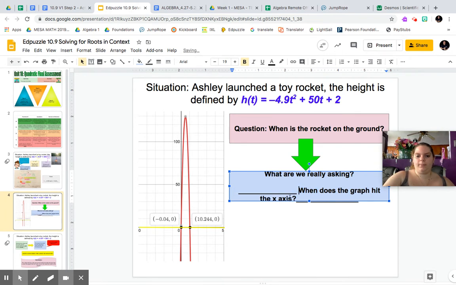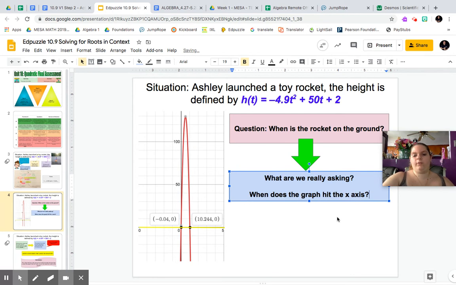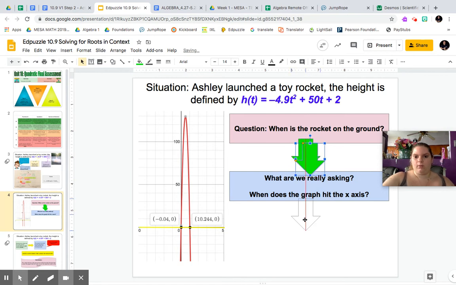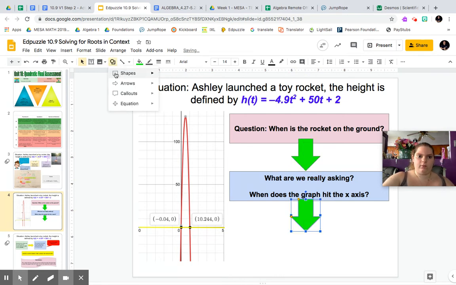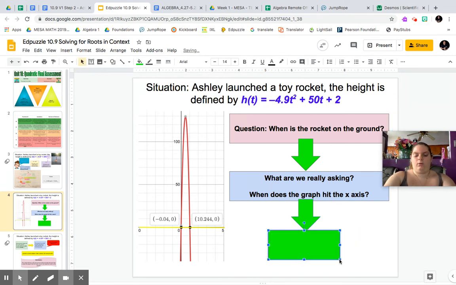Okay? And this happens, so when does the graph hit the x-axis? So what are we actually looking for? We are looking for the roots that make sense in this situation.